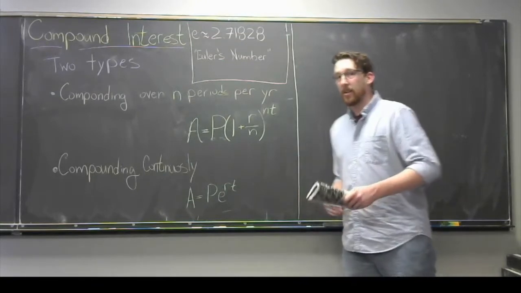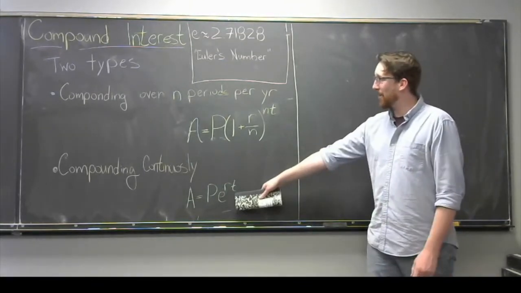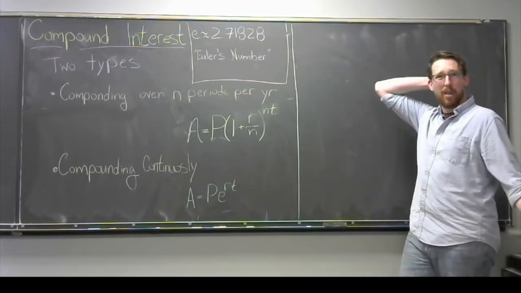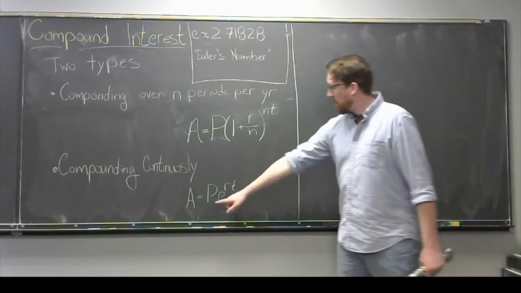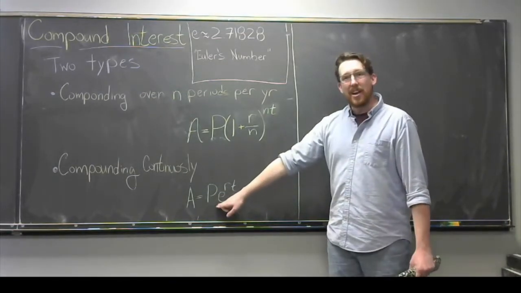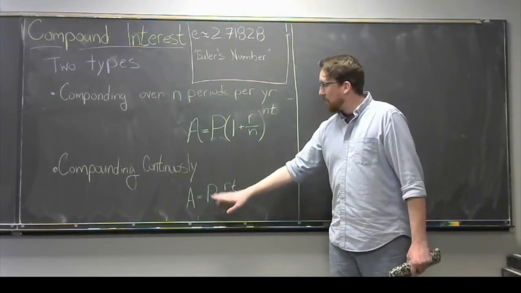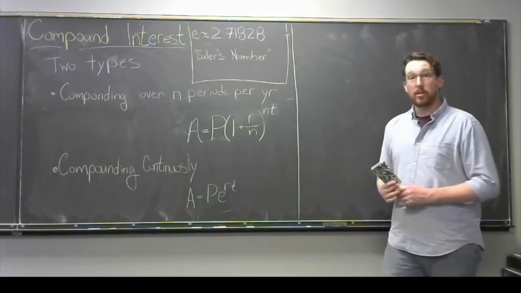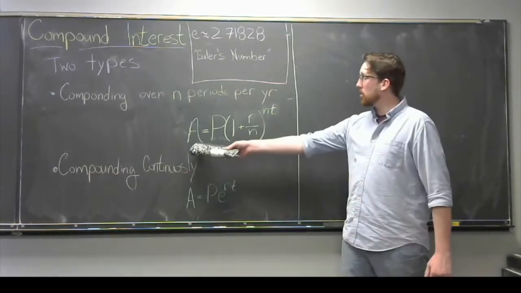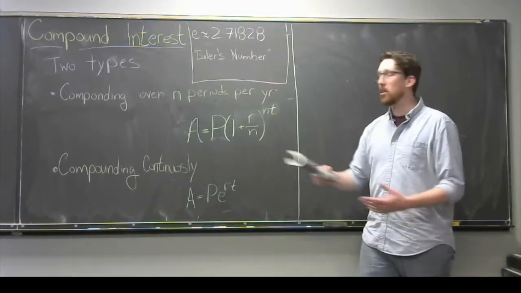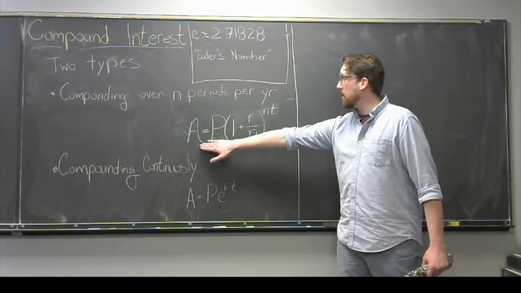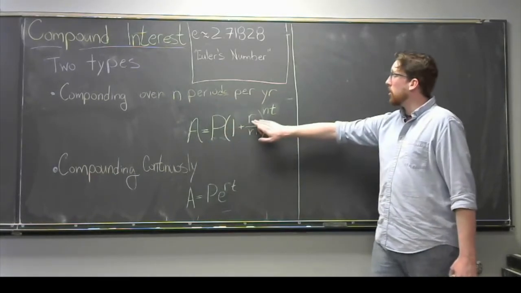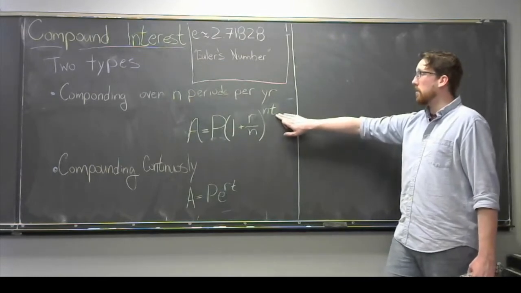Having said that, you might be looking at the formula for compounding continuously, saying, what is that E? Well, what is that value? Happy you asked. So what these formulas are telling you, let me step back a little bit, is the amount owed at the end of the contract, or at the end of a time period, given some principal amount, the rate, and the time.